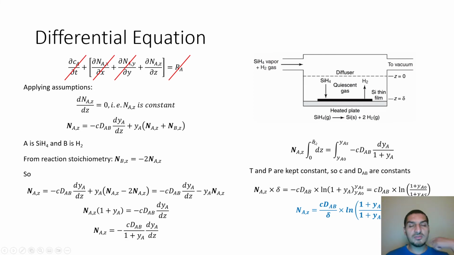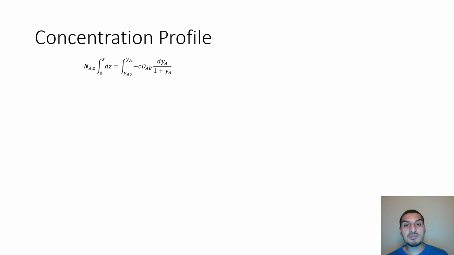So this is the main difference. I'm going to make the boundaries from 0 to z, and from YA naught to any y. So the y corresponds to z, and in this way we can get the general form of the concentration profile, and then we can get the concentration at any point.